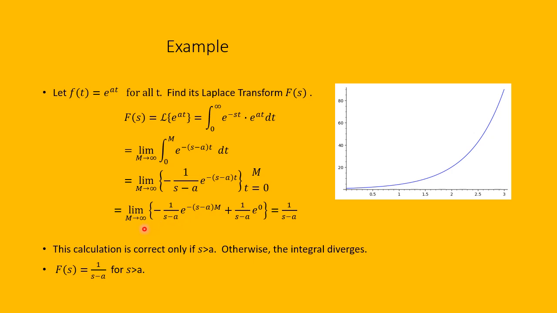So this calculation gives us that this limit is 0 plus 1 over (s minus a), only if s is greater than a. In the other cases, this integral that we have up here will diverge. So our result is that capital F of s is equal to 1 over (s minus a) for s greater than a.